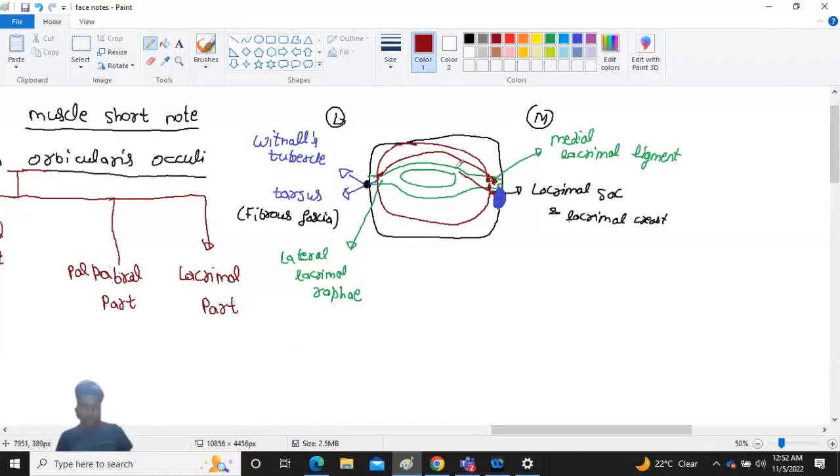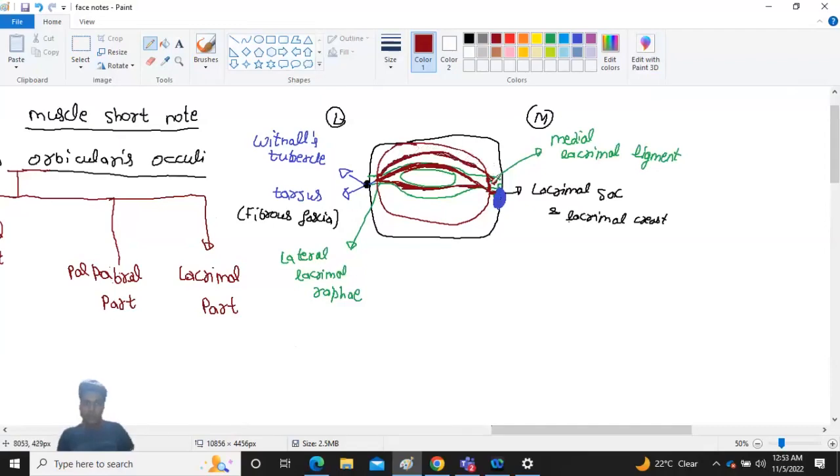It goes like this. This is the lacrimal part. This is the palpebral part.